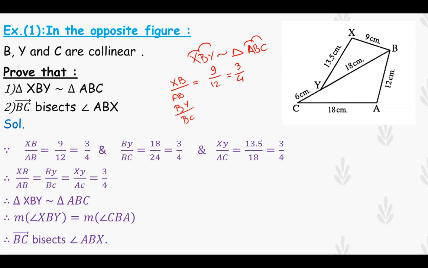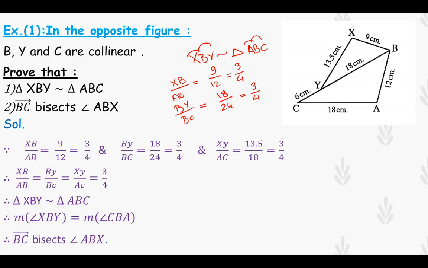What is the length of BY? BY equals 18 over BC. BC will be 18 plus 6, so this equals 24. Put it in the simplest form: divided by 6, 18 gives 3 and 24 gives 4.